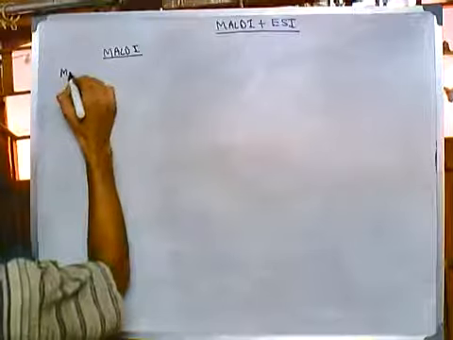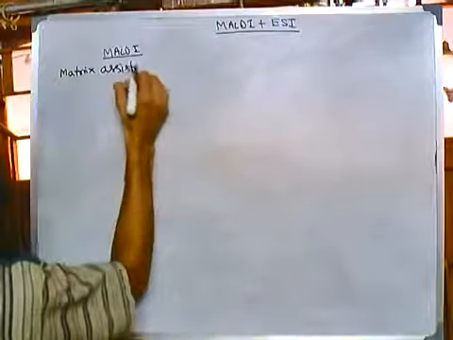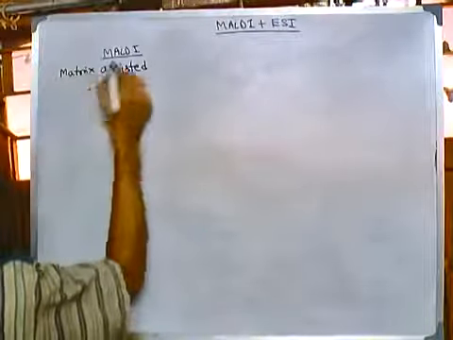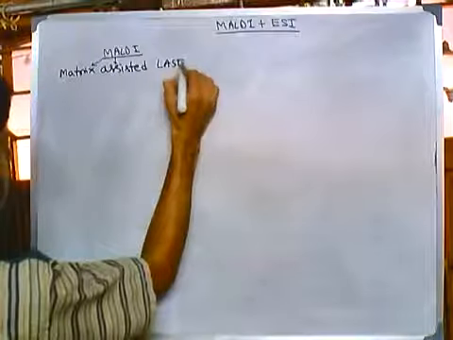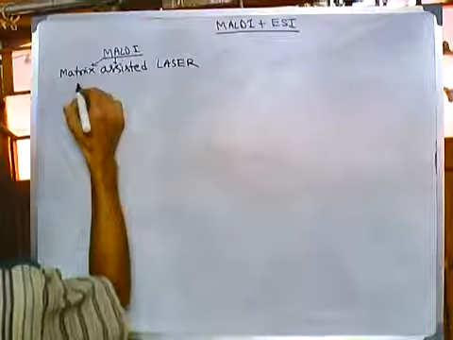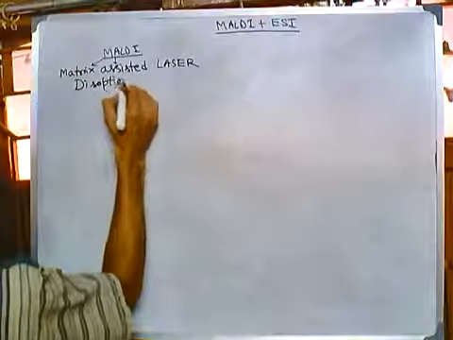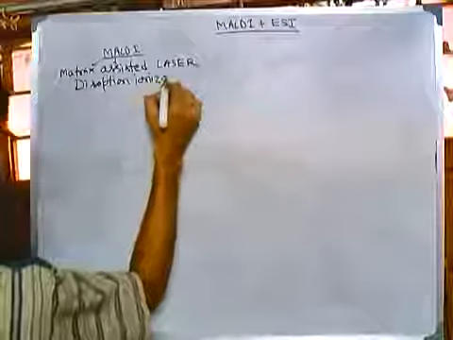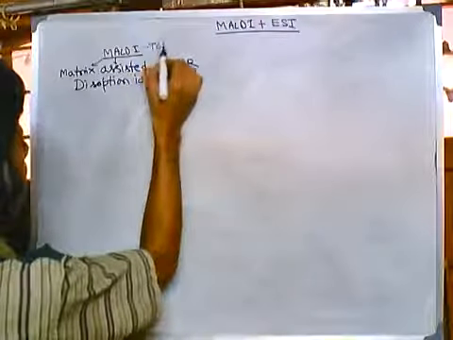The full name of MALDI is matrix assisted laser desorption ionization spectroscopy, M for matrix, A for assisted. Sometimes another term, TOF, is attached to the MALDI.